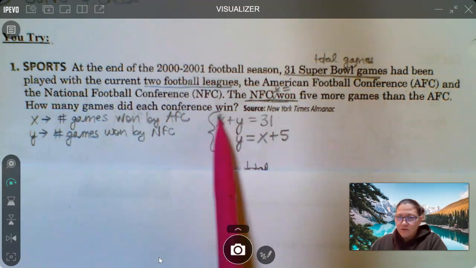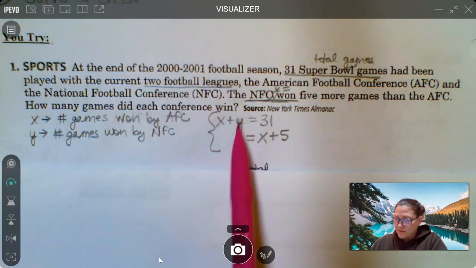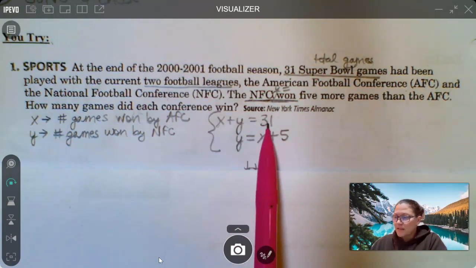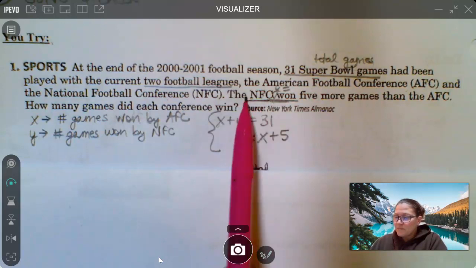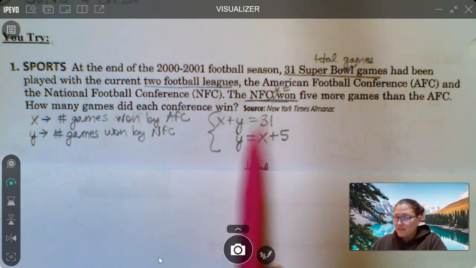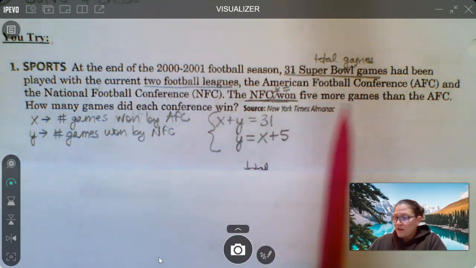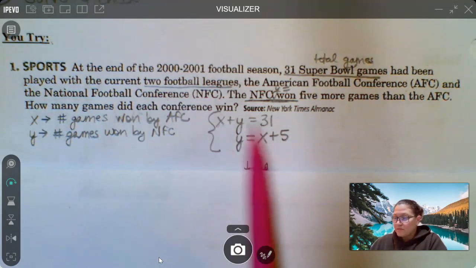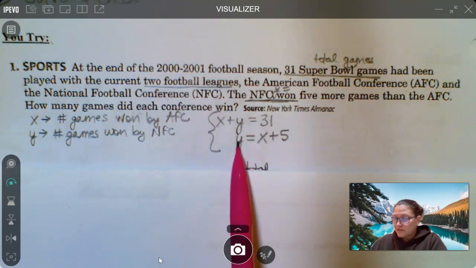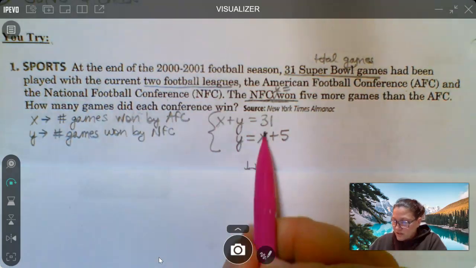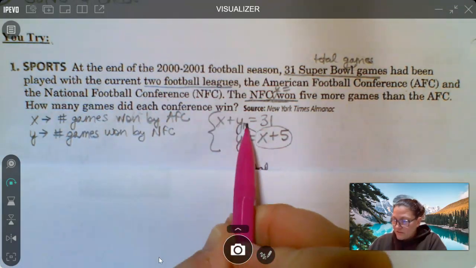So I did number of times the AFC won, which is X, plus the number of times the NFC won, which is Y, to give me a total of 31. And then as I said up here, this tells me the NFC won, which tells me that the Y is equal to, and it's 5 more than the other, so I did X plus 5. Now this one's ready to solve for substitution because this already says Y equals, so you should be able to solve directly by substituting this in for the Y value there.